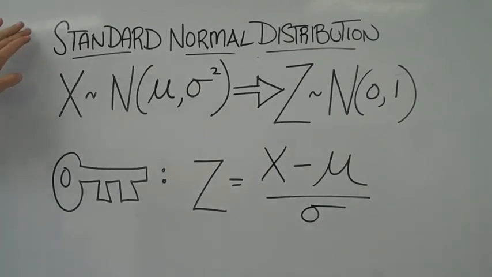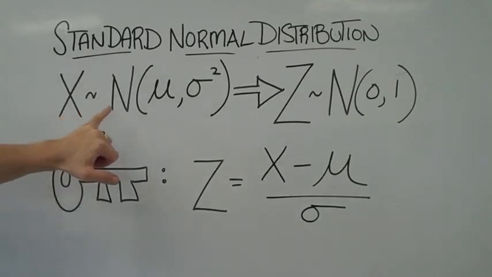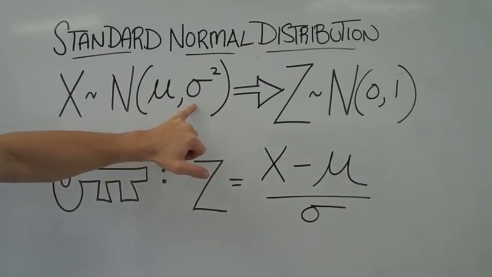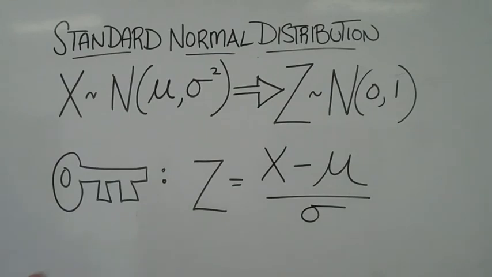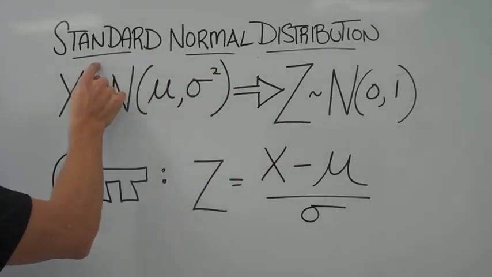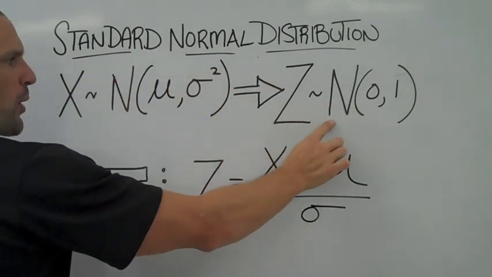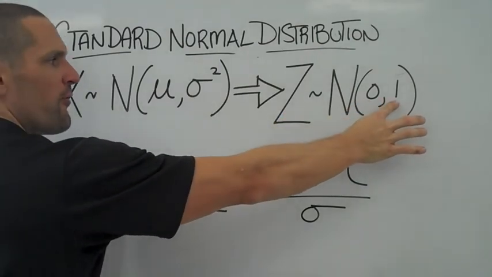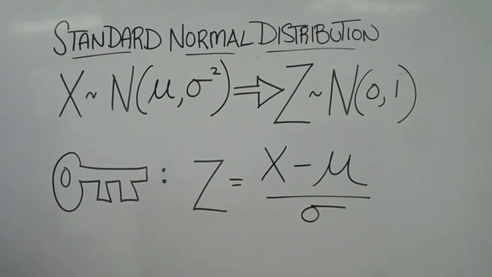For a standard normal distribution, we can have any random variable X normally distributed with a mean of mu and a variance of sigma squared, and we're going to convert that into the standard normal distribution, our z value, with a mean of 0 and a variance of 1, which also means our standard deviation, square root of 1, is 1. Here is the key.